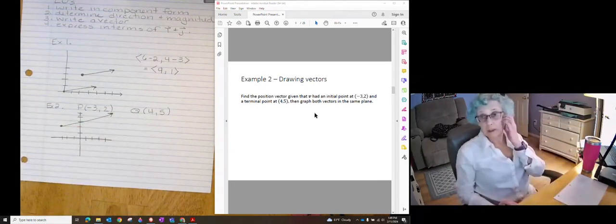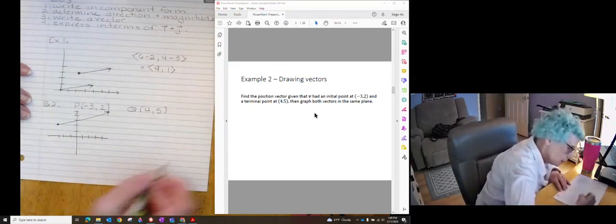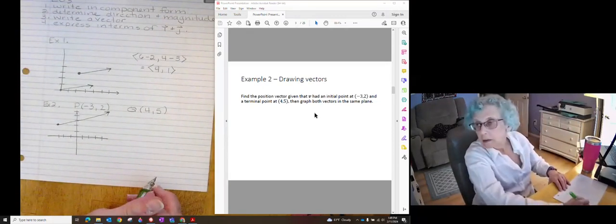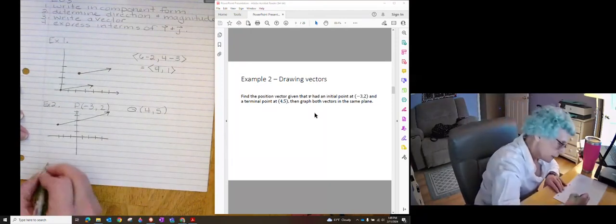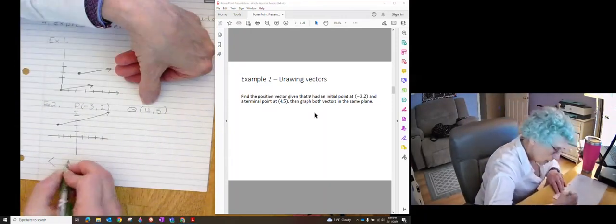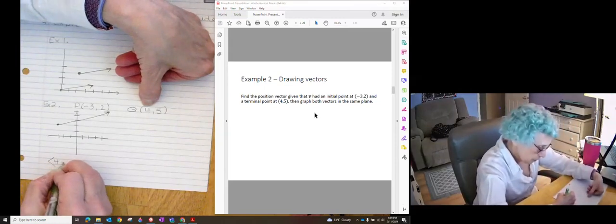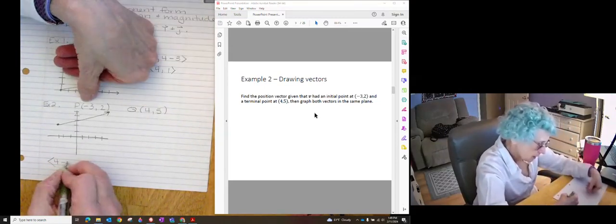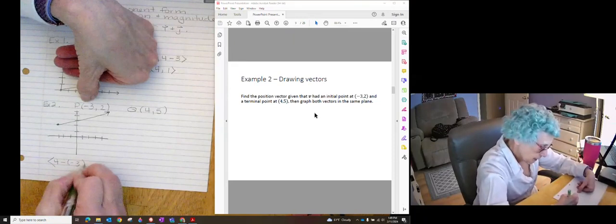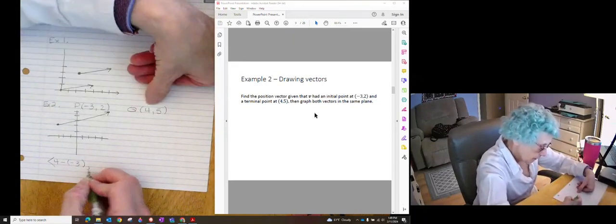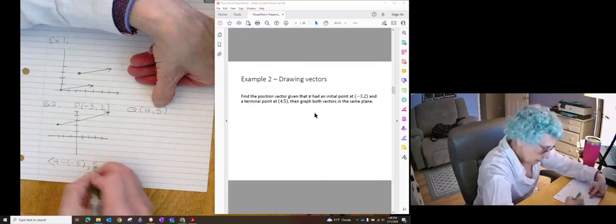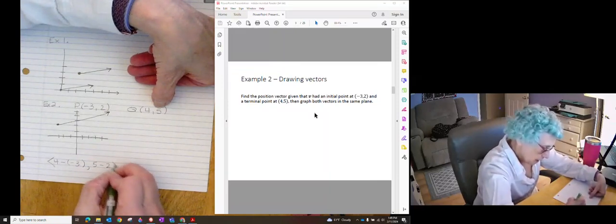It looks something like that. So then my position vector would be equal to 4 minus -3, 5 minus 2.